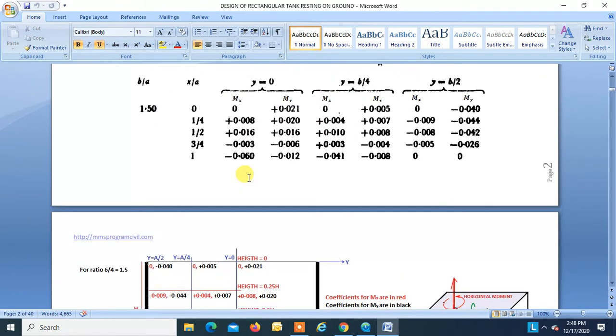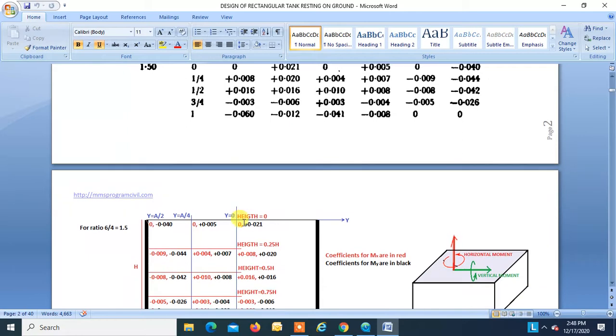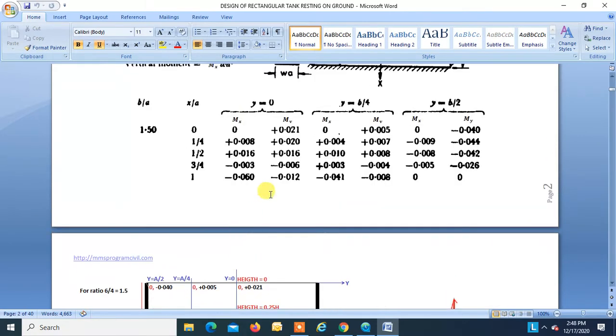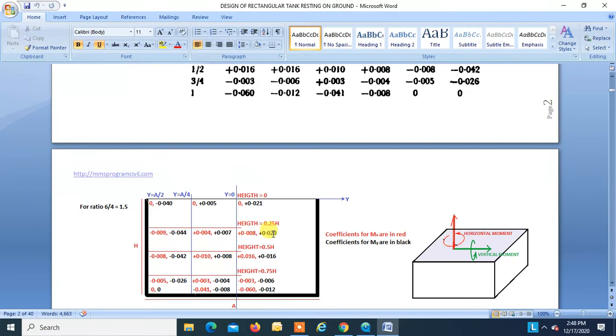Now coming to the next point, when x by a is 1 by 4, that's this point. When y is equal to 0, this is 0.008 and this is 0.02. This coefficient into w a cube will give the vertical moment at this point, and this coefficient into w a cube will give the horizontal moment at this point.